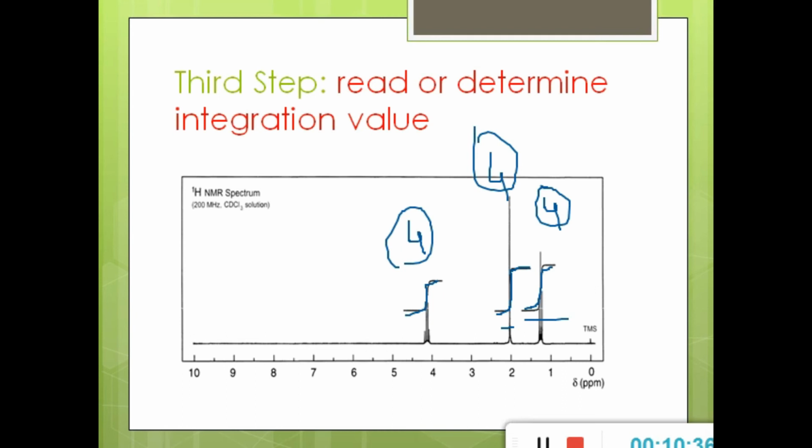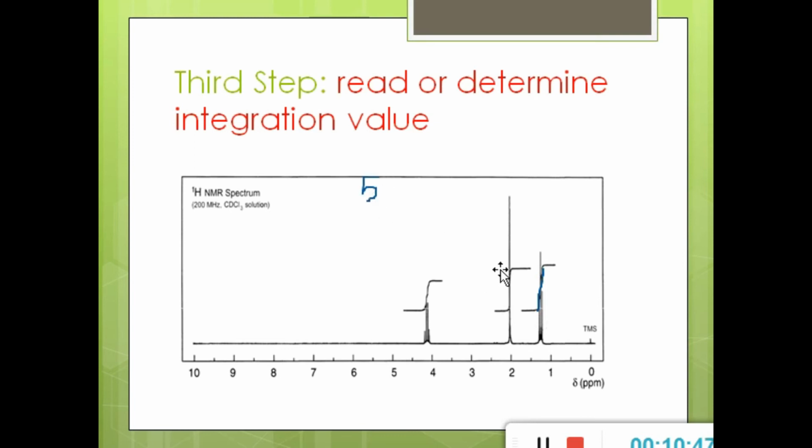But if you do not get this, then you can easily find it out with the help of a ruler. First of all, you have to scale this. For example, I get 5, and then you have to scale it. I get these two about the same, we get the value 5, and this is a little smaller than these, so I can find that this is 3.5.